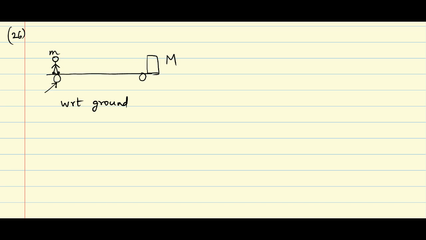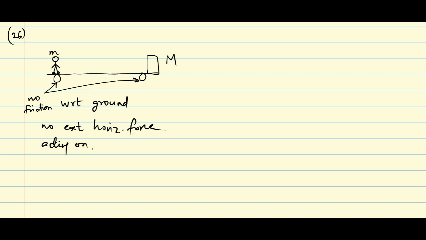Also given is the fact that there is no friction between the rails and the wheels, so no friction here, no friction here, which means that there is no external horizontal force acting on the system of the wagon plus the man.